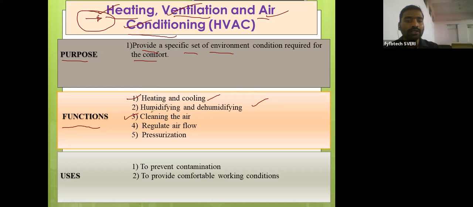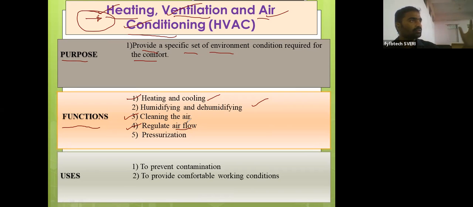Then cleaning the air. Cleaning the air means whenever air is contaminated by microorganisms or microparticles, all the particles are removed through exhaust windows, and similarly this AC is used. Then regulating air flow.